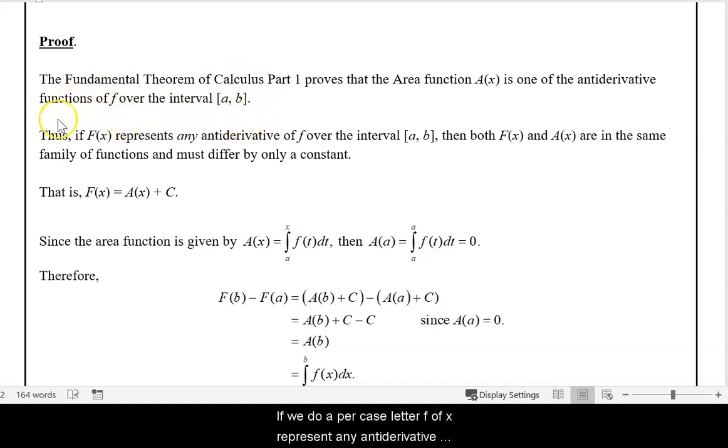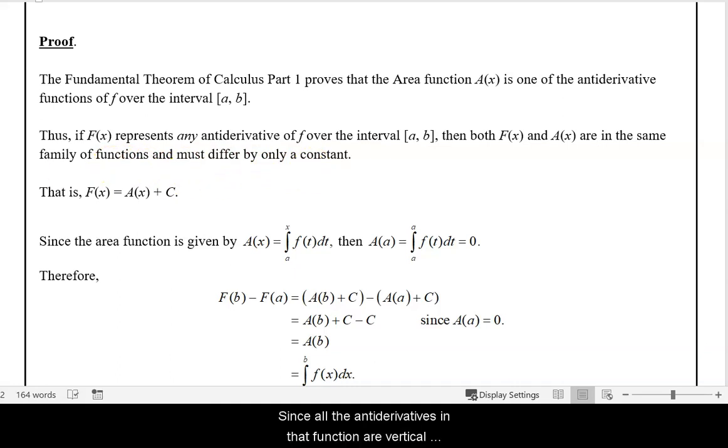If we then let uppercase letter F of x represent any antiderivative of the same function over the same interval, then we know that both this antiderivative function, uppercase letter F, and the area function must be in the same family of functions. Because they're in the same family of functions, they differ only by a constant.